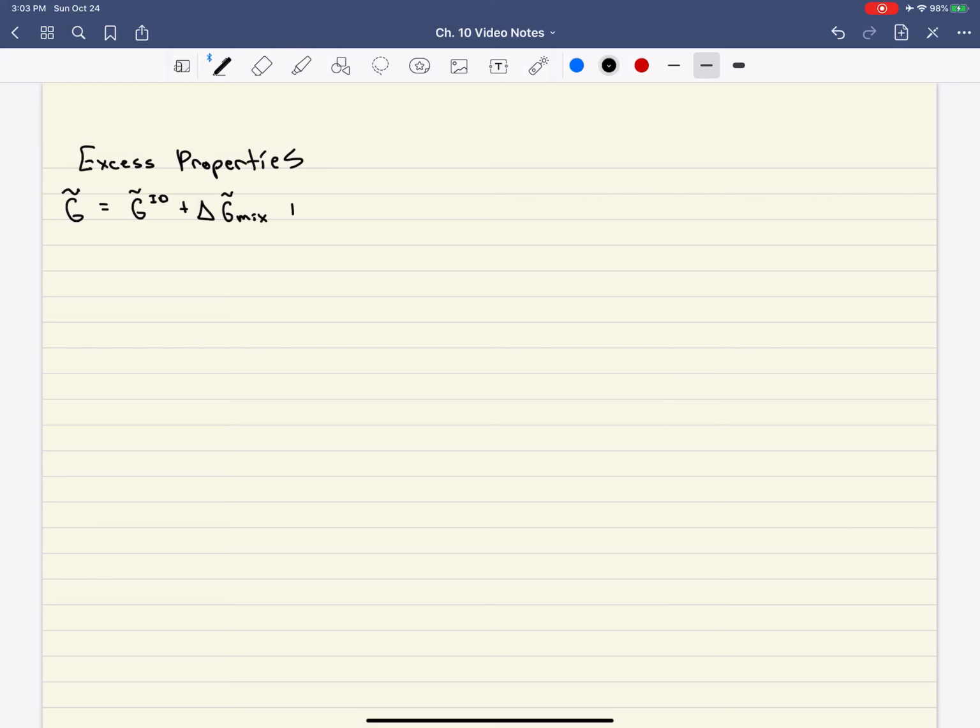So that accounts for the non-ideal mixing of a solution. Okay? Now for each of these terms, we know that the Gibbs energy is equal to enthalpy minus temperature times entropy. And so we could split up these two terms in terms of enthalpy and entropy. Okay? And so we have the enthalpy terms minus the entropy terms.